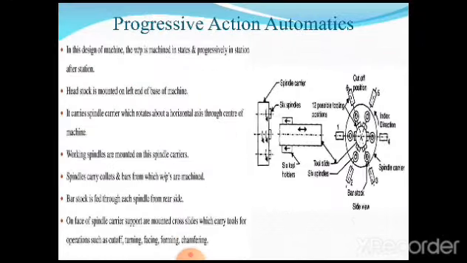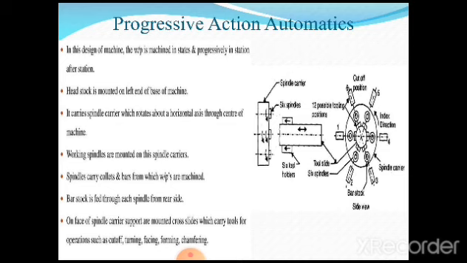Now let us understand the progressive action automatic lathes. Progressive action: depending upon the number of spindles, it is possible that the blanks, meaning workpieces, are clamped in each spindle and are machined progressively, station after station, one after the other. So what is the requirement here?